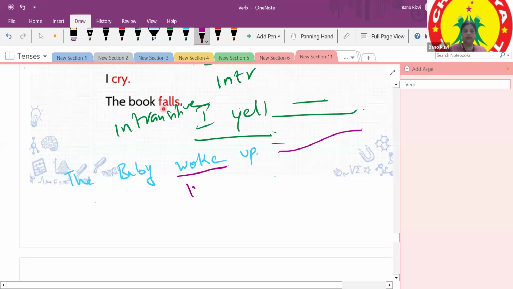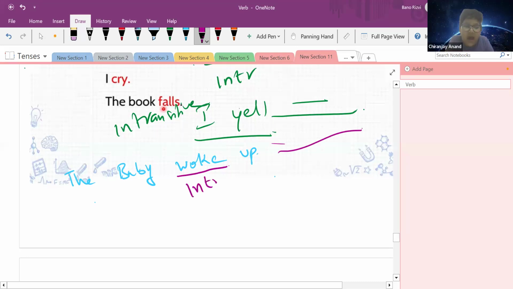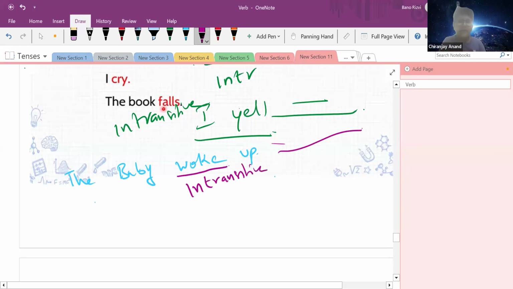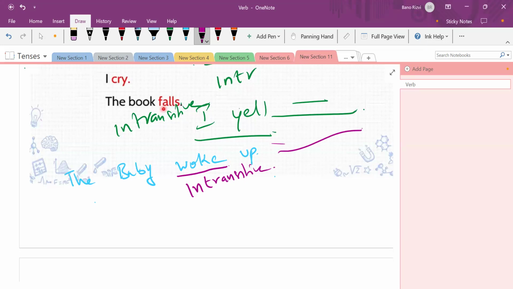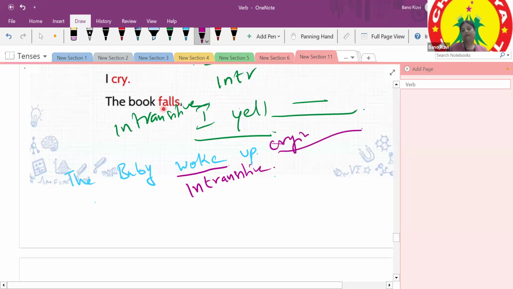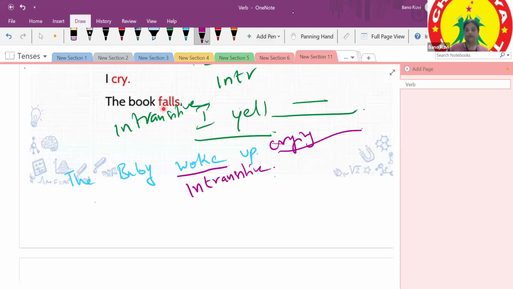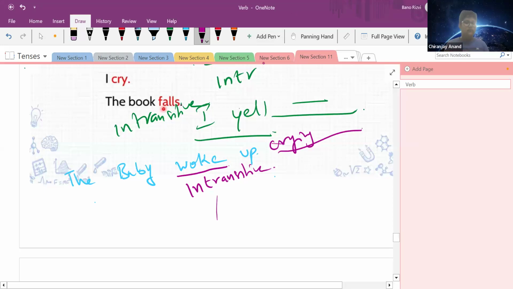The baby woke up by crying. So this is an intransitive verb. If we add crying as the object, then it would be a transitive verb. Fine. Now you all understand, right, Tarandeep?